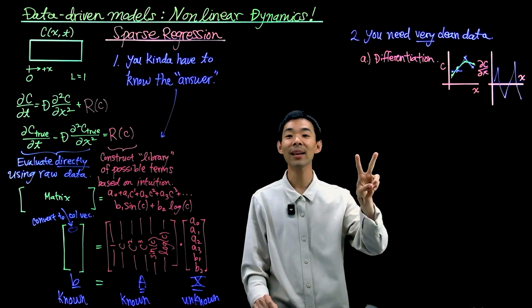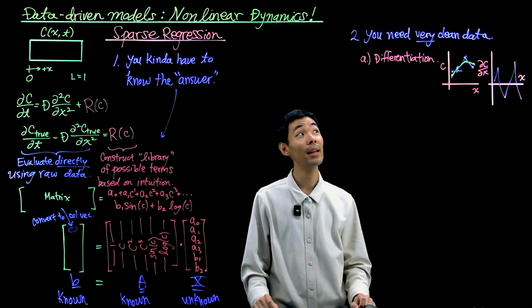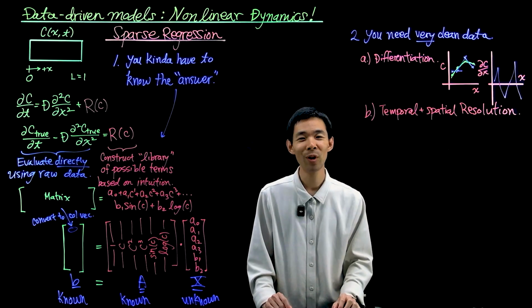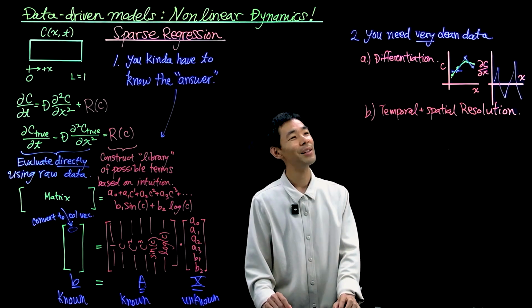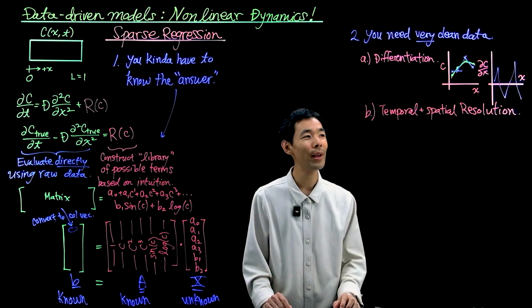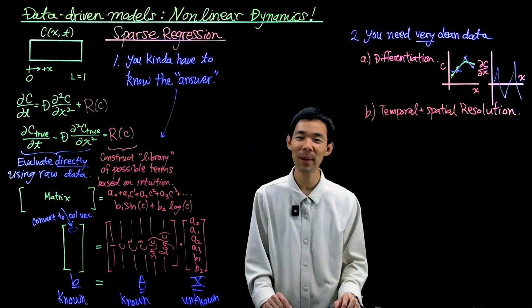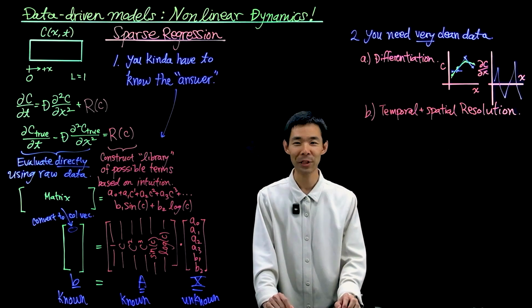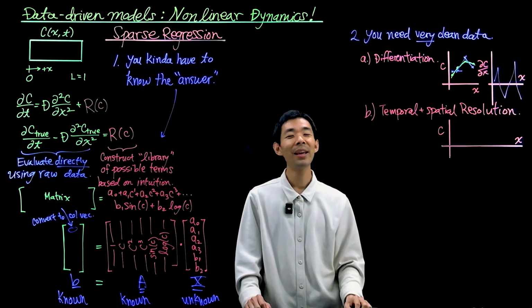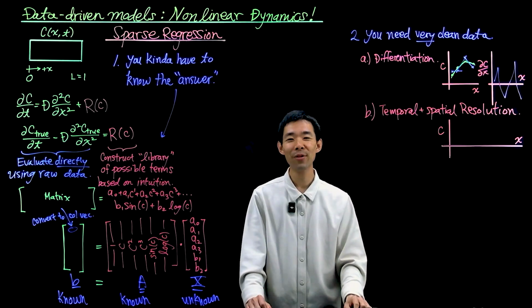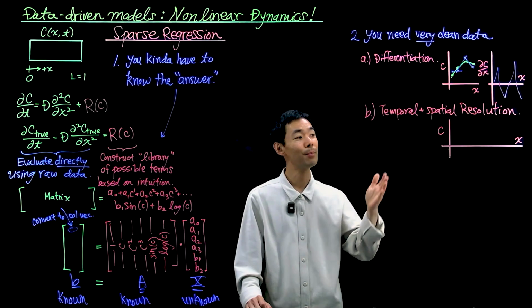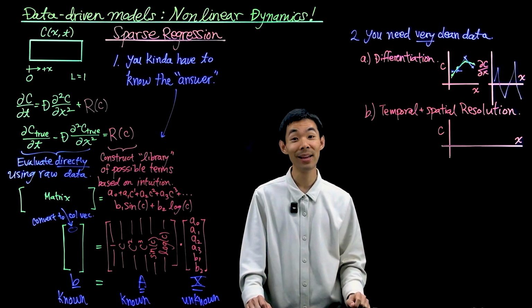Let's move on to the second thing regarding having clean data sets. It's very important in sparse regression techniques to have very good temporal and spatial resolution of your measurements. For example, let's draw a concentration as a function of position. In any real measurement, you're going to have a finite discretization, both in position and in time.